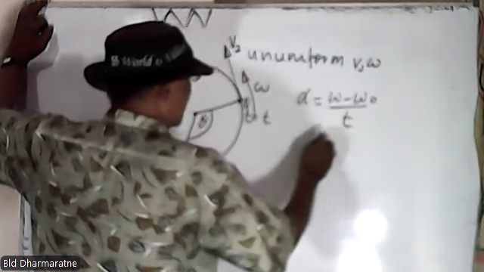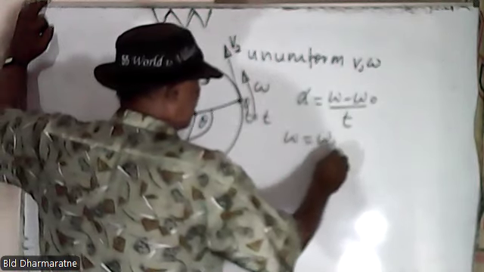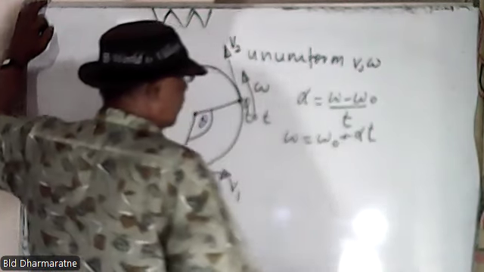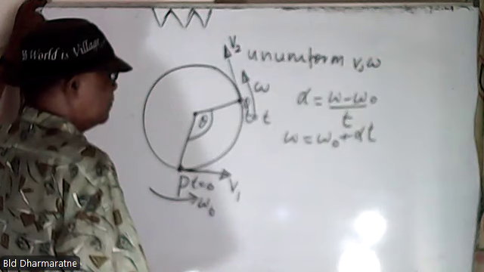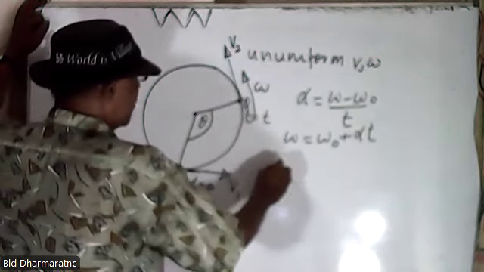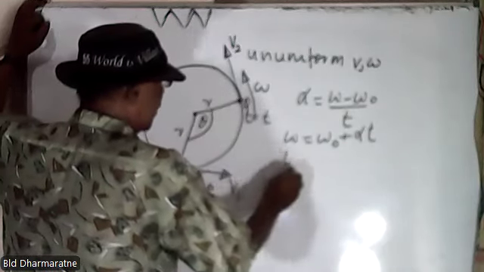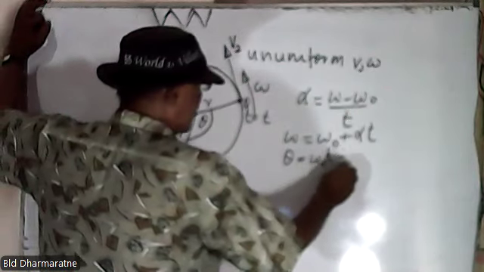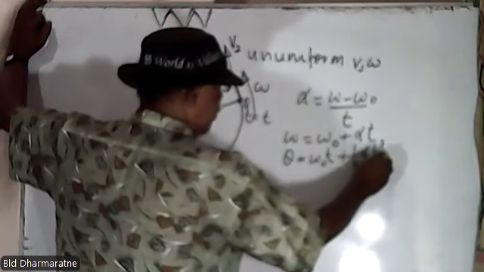From this equation you get omega equals omega naught plus alpha t, the relationship between change in velocity and angular acceleration. For theta, theta equals omega naught t plus half alpha t squared. I already expressed all this in my video.